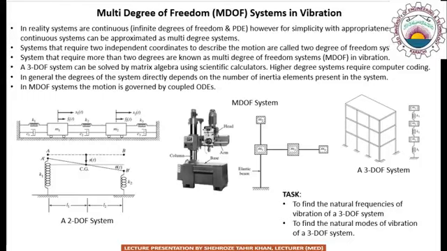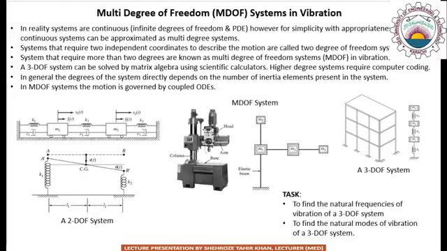If the degrees of freedom of such a system exceed 3, then the system can be solved by using matrix algebra using scientific calculators. While for systems having higher degrees of freedom, complex computer coding is required in order to solve the matrices and matrix operations.